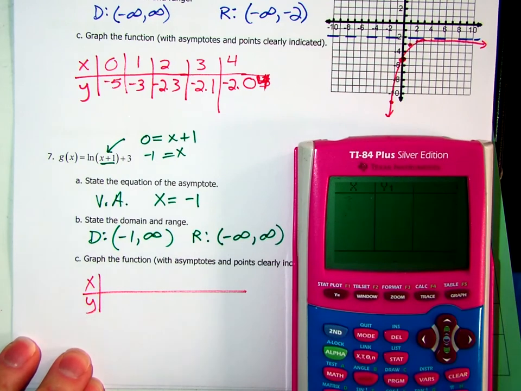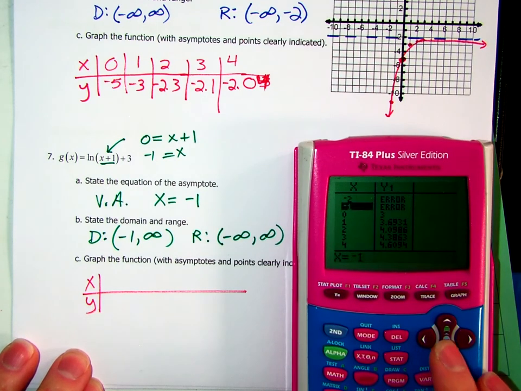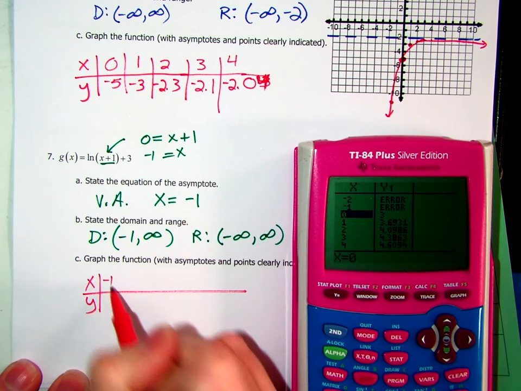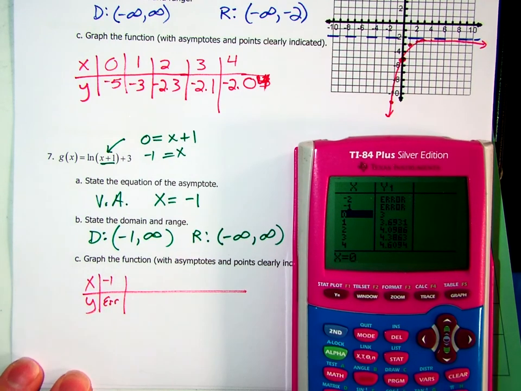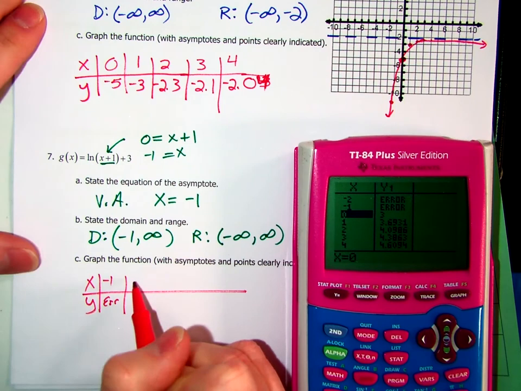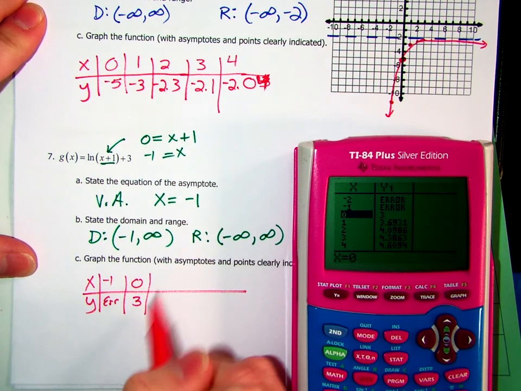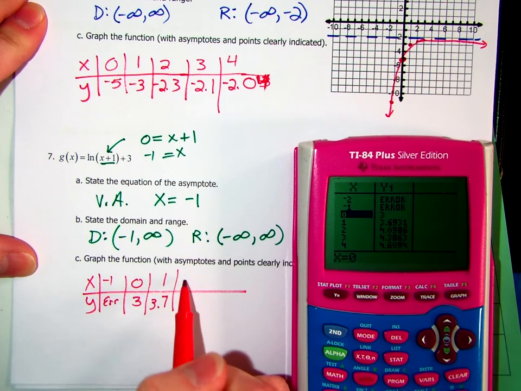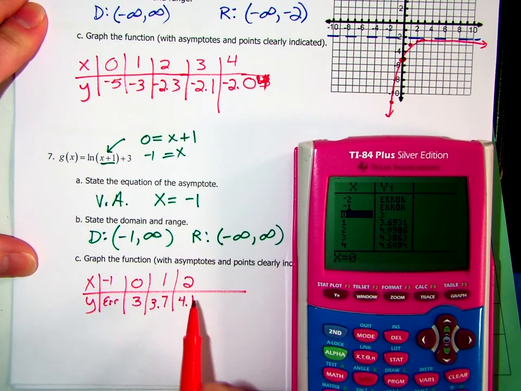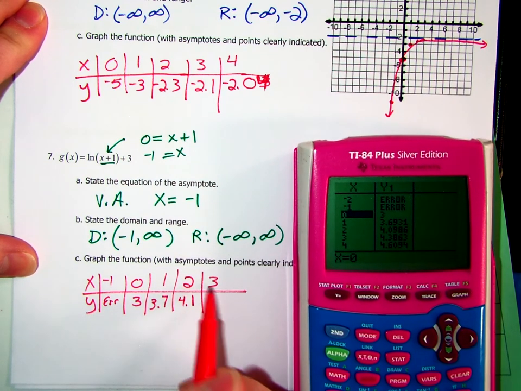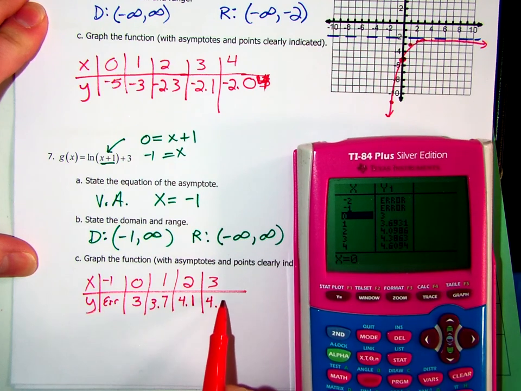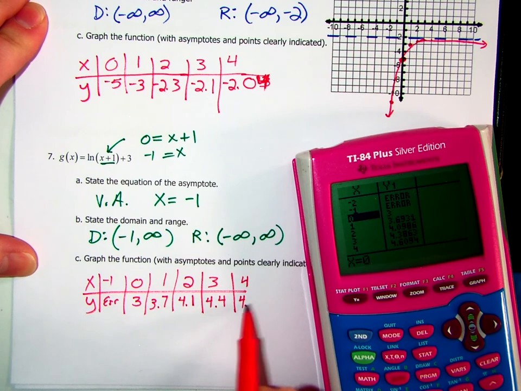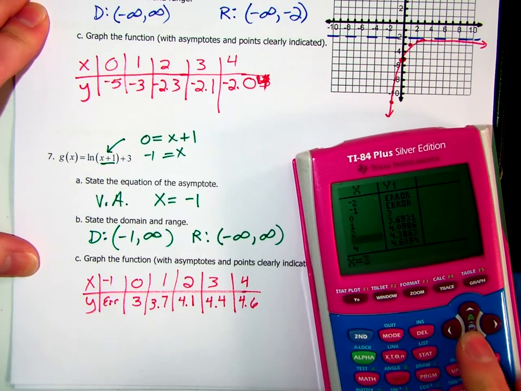So let's go to our table. My errors are happening here, so we're going to start out with my first error. So -1 gave me an error. I always like to put the error in there because that gives the starting point. Then it is 0, 3, 1, 3.7 basically, 2 and 4.1, 3 and 4.4, 4 and 4.6.